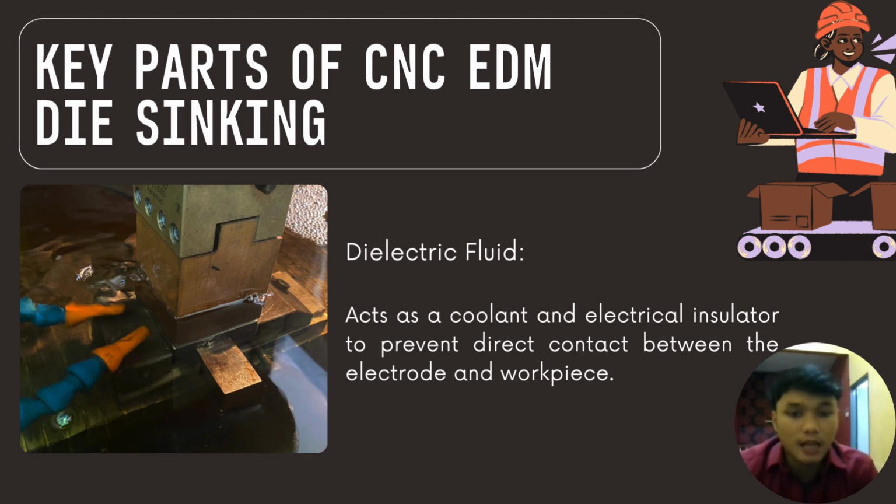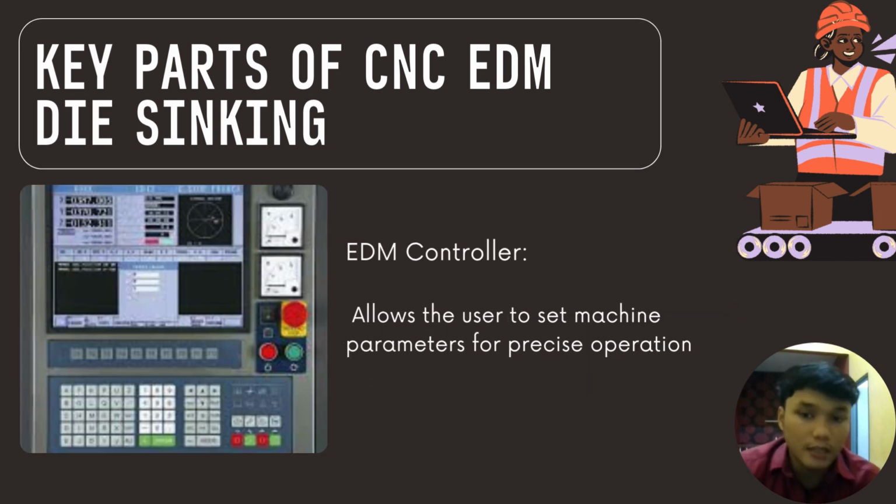It acts as a coolant and electrical insulator to prevent direct contact between the electrode and workpiece. And last is EDM controller. This part allows the user to set machine parameters for the operation.